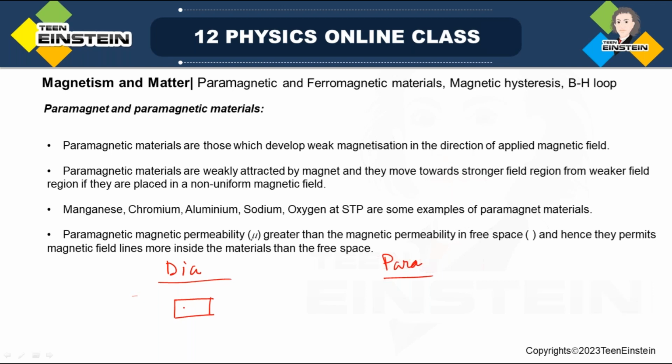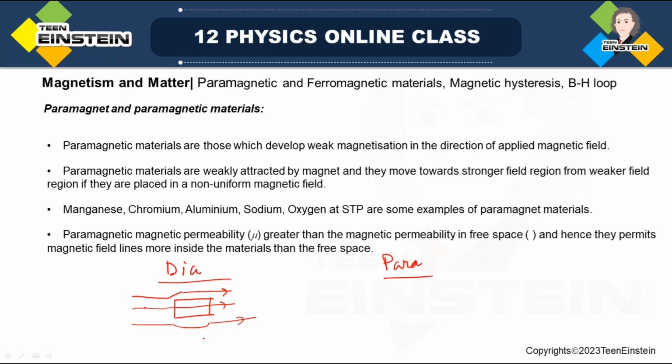See what happens, it expels. Expels means it repels the magnetic field lines. Hardly one field line may go through it. This is called expulsion. So diamagnetic material does not allow magnetic field lines to pass through it.